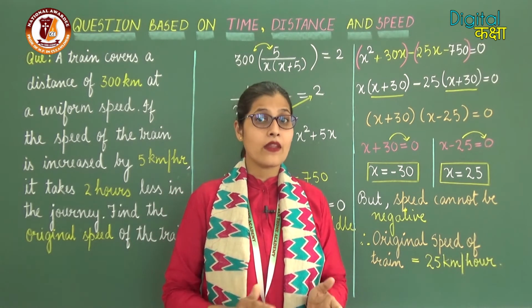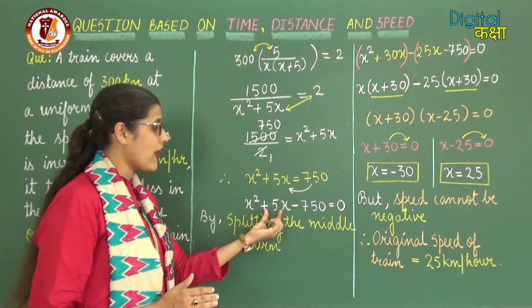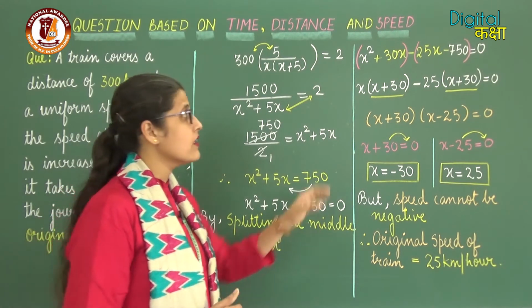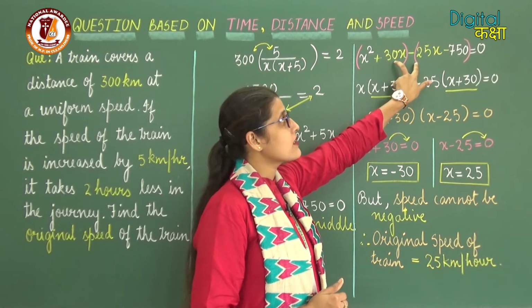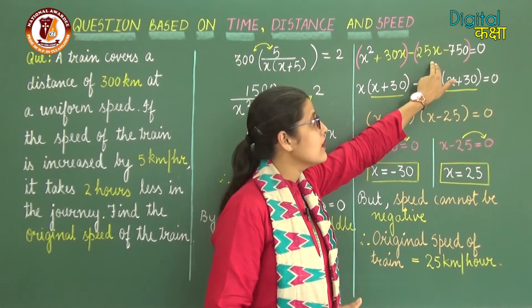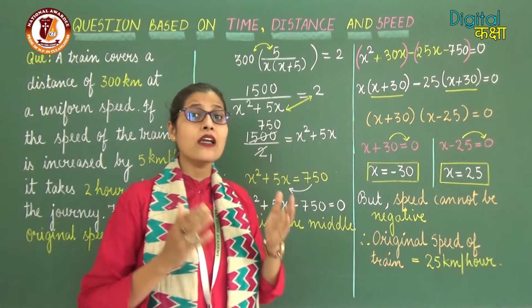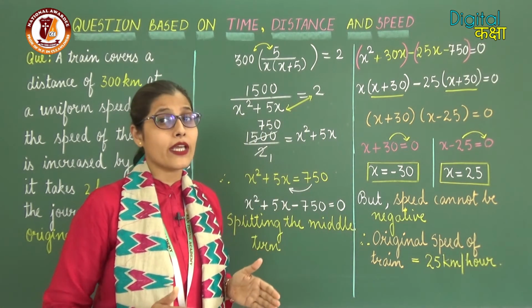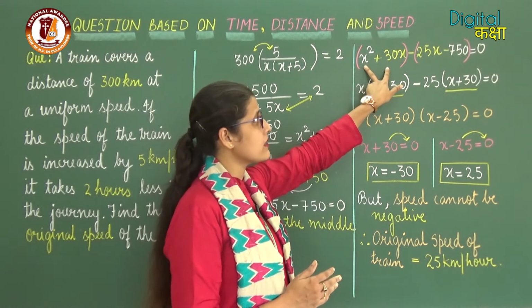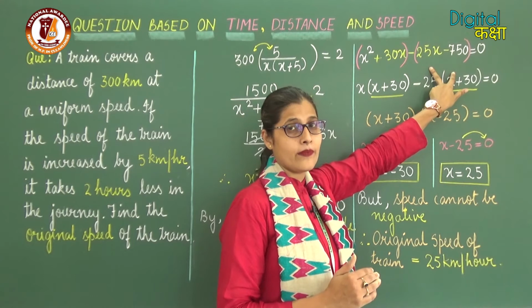So, we will be splitting the middle term 5x as x square plus 30x minus 25x minus 750. Now, we will be grouping the first two terms together and the last two terms in one group.